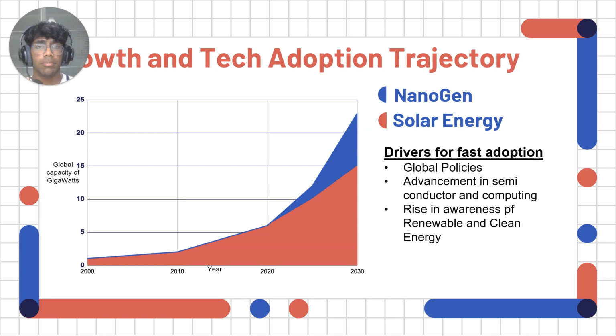We believe that NanoGen has extremely high growth potential, as solar energy had a worse start with even less power output in the 1990s, but today is one of the most used and highly adopted sources of energy. Hence, we believe NanoGen can grow over the next 20 years due to advancements in semiconductors, computing power, and scientific awareness.